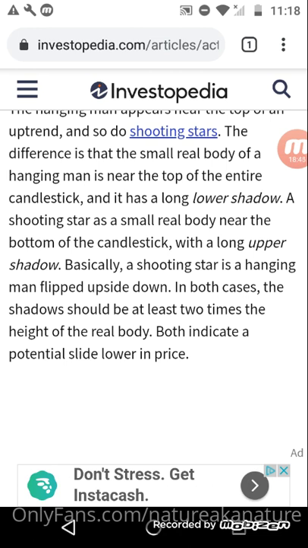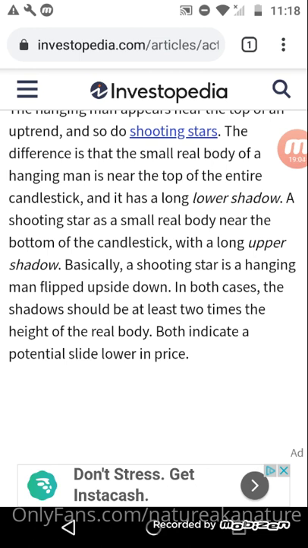Same thing with the hanging man. The hanging man is a bearish reversal pattern that also marks the top, where a strong resistance level is near and price is rising. The formation of a hanging man indicates that sellers are beginning to outnumber buyers.